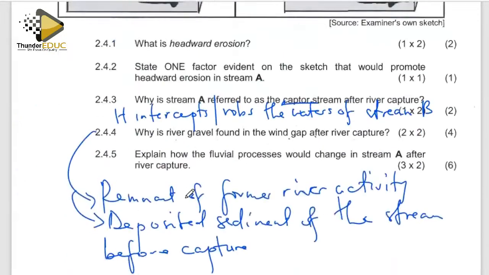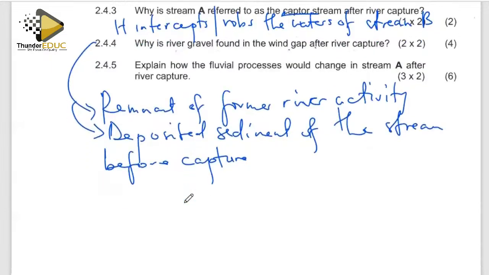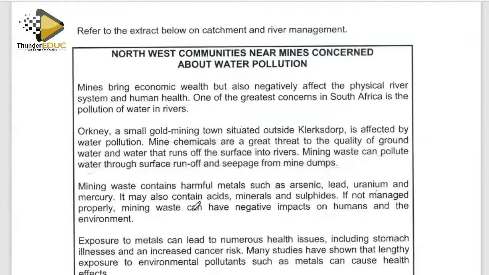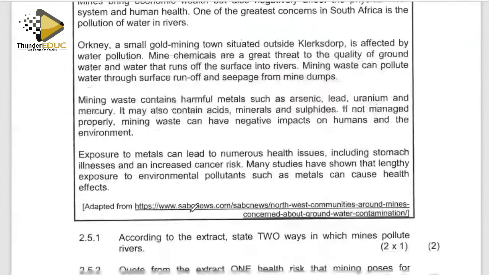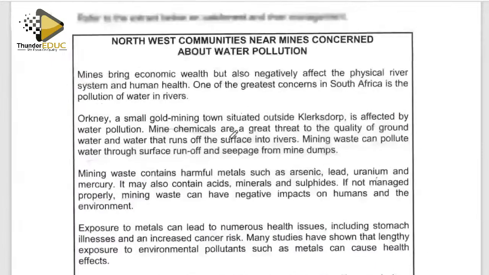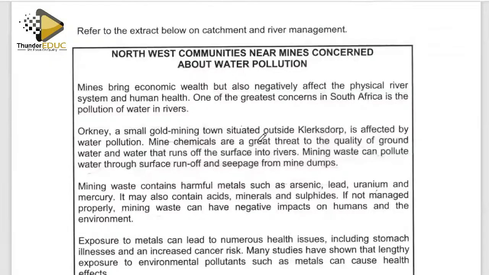Those are the fluvial process changes that are going to be realized because of the effect of stream piracy on the capture stream. We move on to our last part, which talks about Northwest communities near mines concerned about water pollution. According to the extract, state two ways in which mines pollute rivers. We just need to go to the extract and check the ways through which mines pollute rivers.